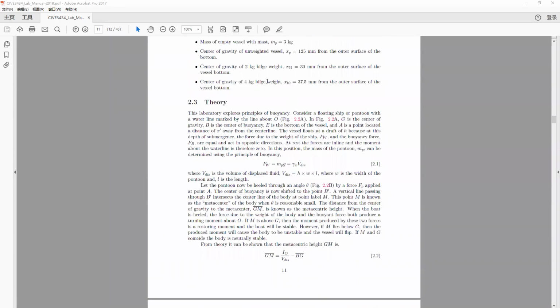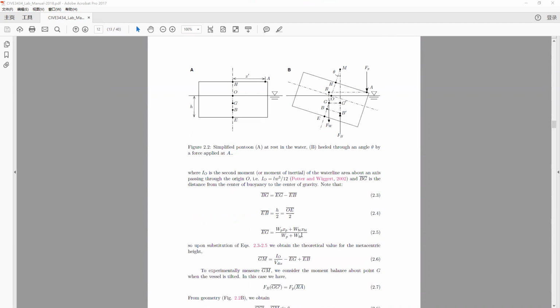As you can see in here, XB1 is 30 millimeter and XB2 is 37.2 millimeter. That's the difference. So for case 2, you just plug 30 in here. WBI is 2 kilogram times G. So you're able to calculate the center of gravity in each case.